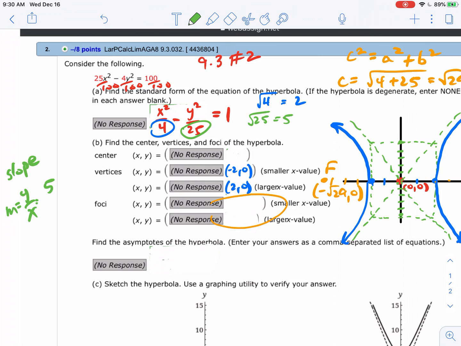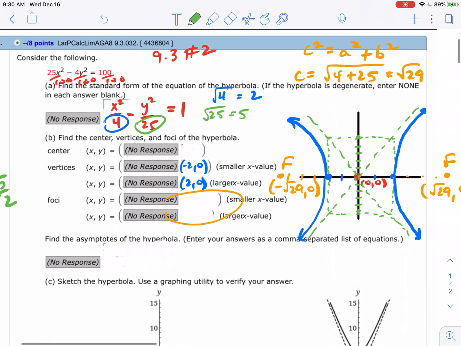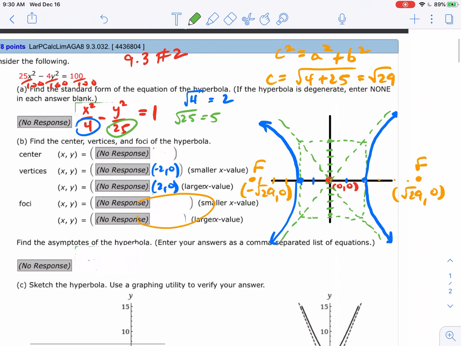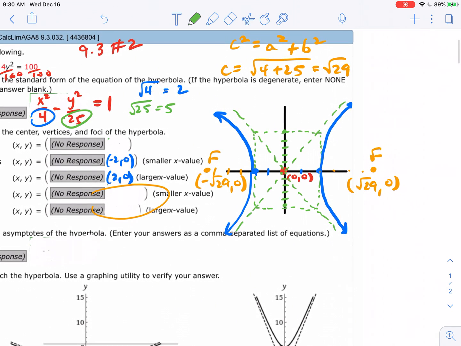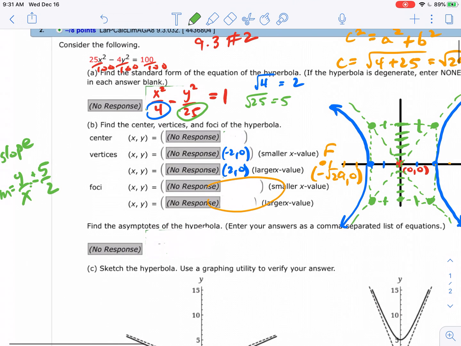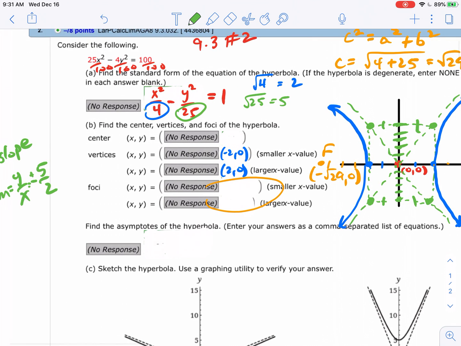And then you take what's under the x, which is a 4, and we square root that, and we got the 2. So just take the one that's under y, put it on top, and then you do plus or minus. So because it's 5 over 2, I could have gone up 5, sideways 2 to put my dot, up 5, sideways 2, down 5, sideways 2. So if you don't like making the imaginary box, find the slope first, and then from the center, go up and sideways those numbers.